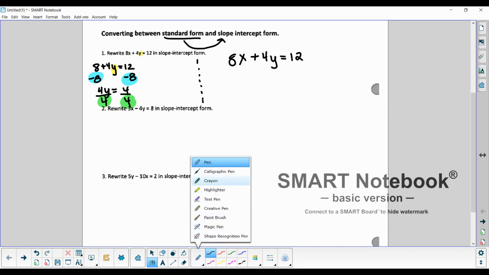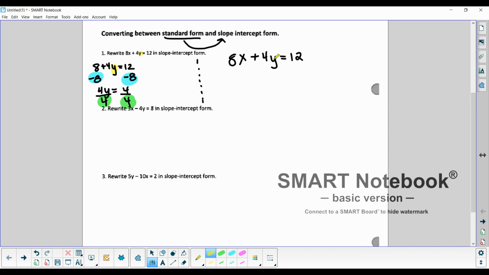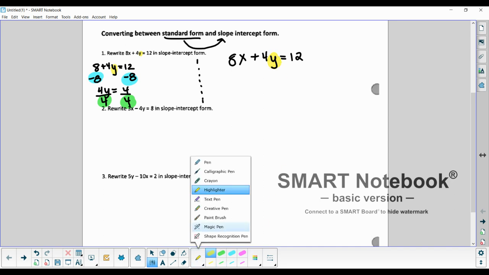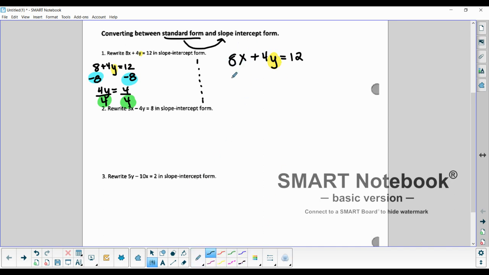So to isolate y, to get y by itself, we need to first get rid of the 8x from both sides by subtracting 8x. Just like here, 8 minus 8 canceled, 8x minus 8x cancels, leaving me with 4y equals. This time, however, I can't combine the like terms because they're not like terms.